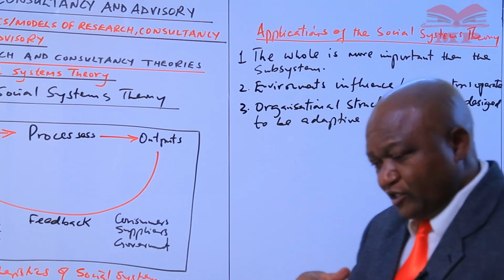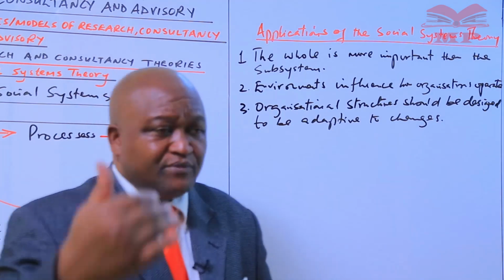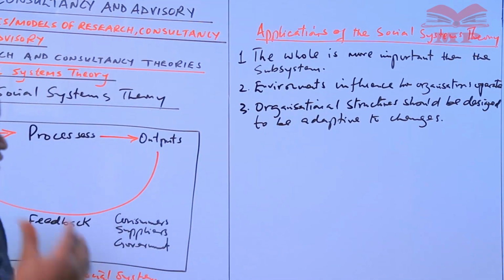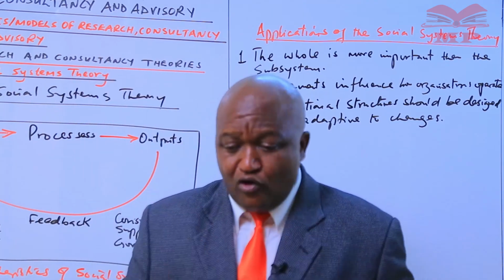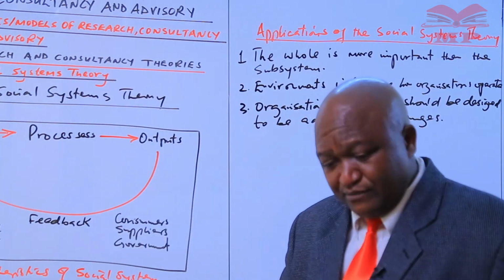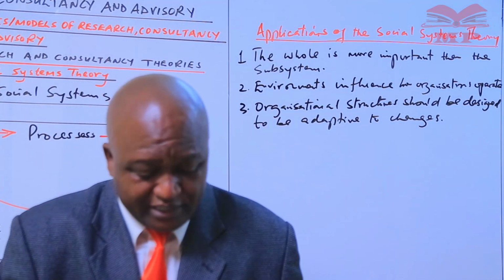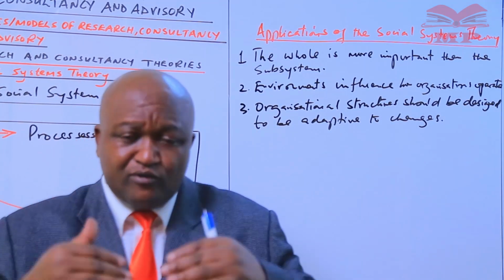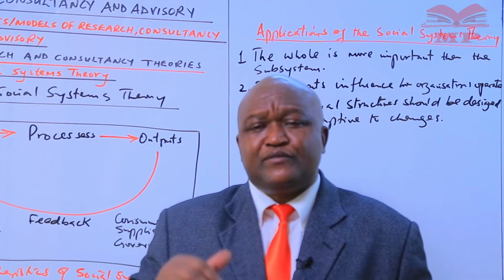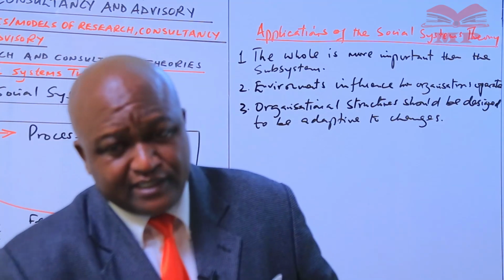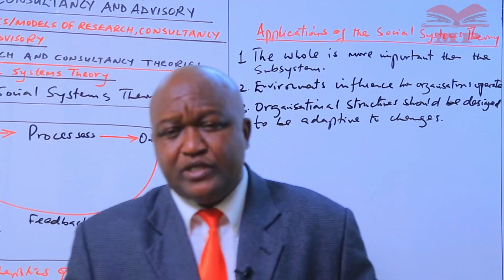What is noted widely is that change is the only thing that is permanent. So as organizational structures are designed, it is important to be informed by the social systems theory that change will come. So organizational structures should be designed in terms of how they relate to different functions, with that understanding that when change comes, the structure is flexible enough, can be adaptive to the changes that are anticipated within a given working context.